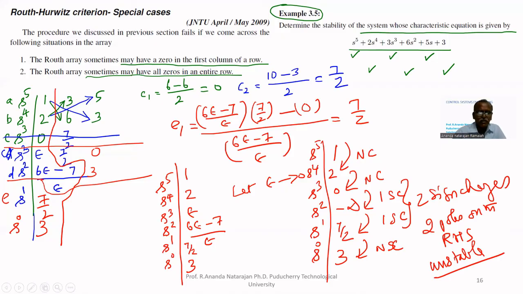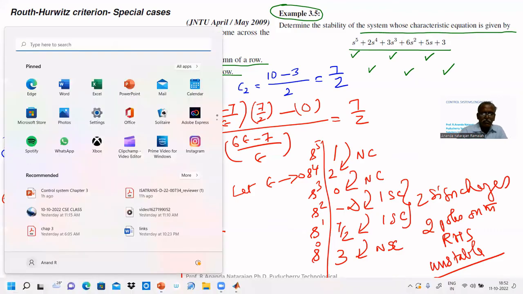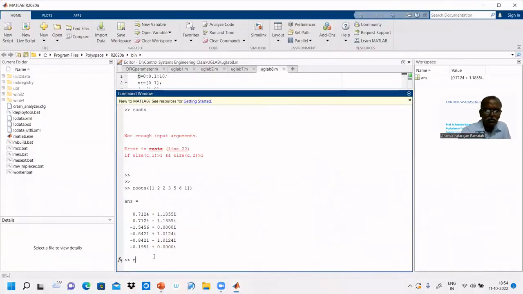Now let us check in MATLAB. For roots, we have to enter the coefficients. The coefficients are 1, 2, 3, 6, 5, and 3.